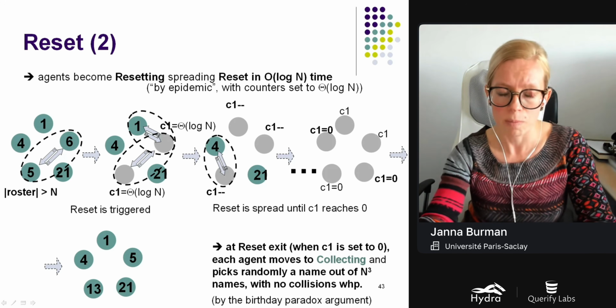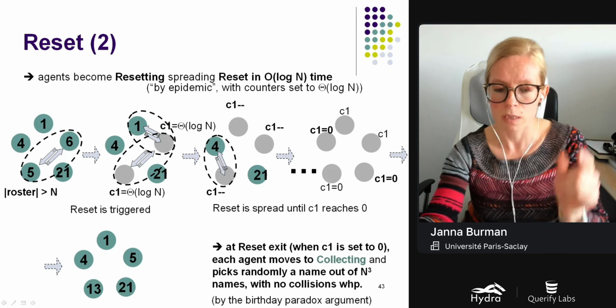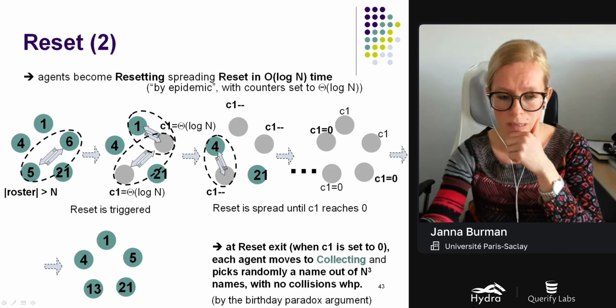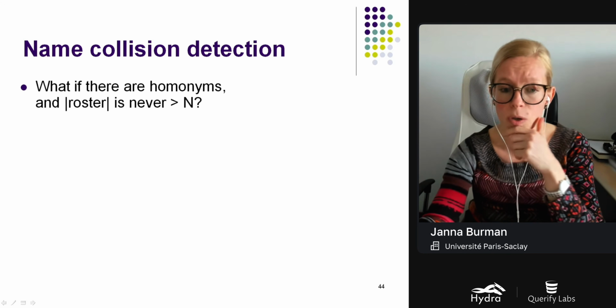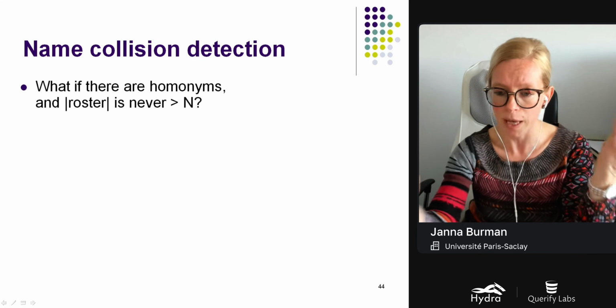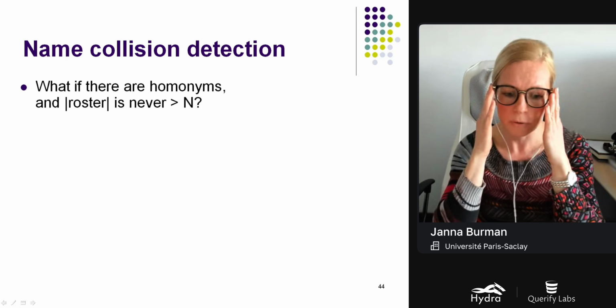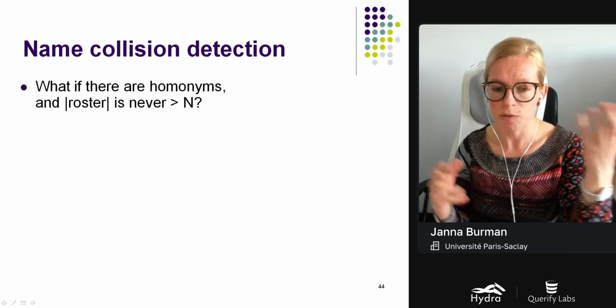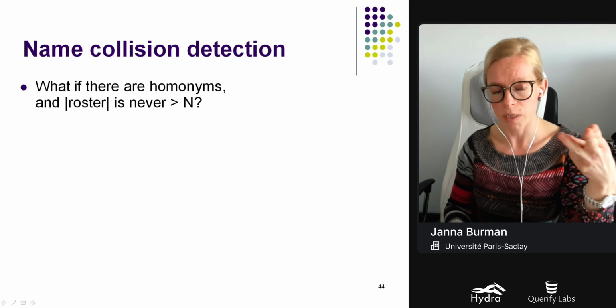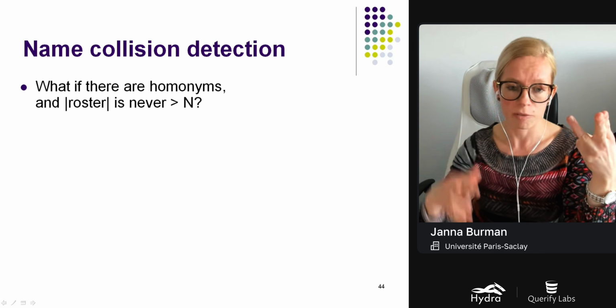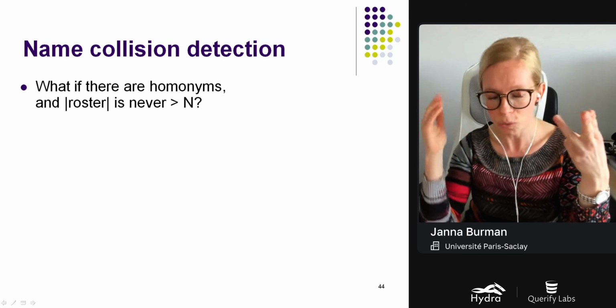But remember there was this problem with detection of homonyms. What happens if the roster never becomes n and we have homonyms? Because we may have, for example, a population of size 5, and have 3 agents started with the name, let's say 2.